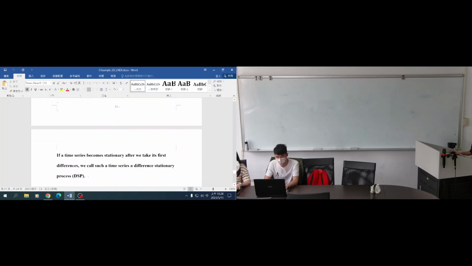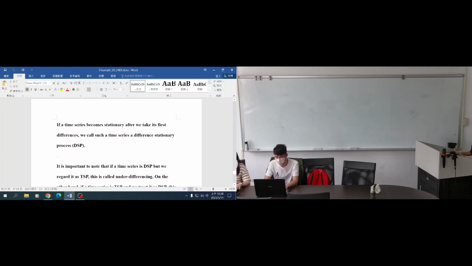All right, and so that's another term. If a time series becomes stationary after we take the difference, then we call it a difference stationary process, DSP.